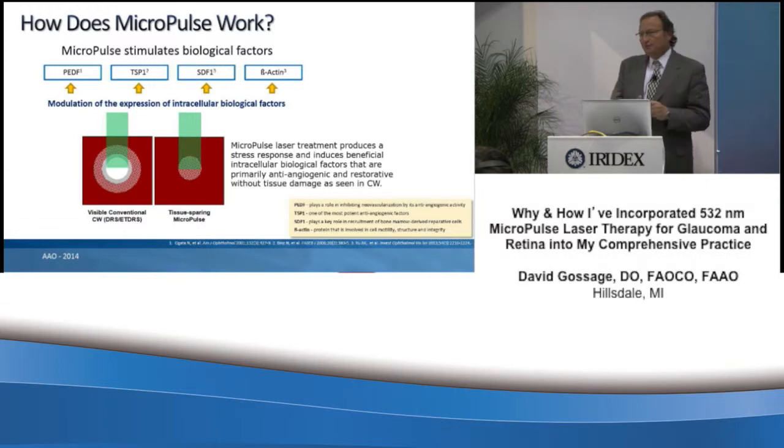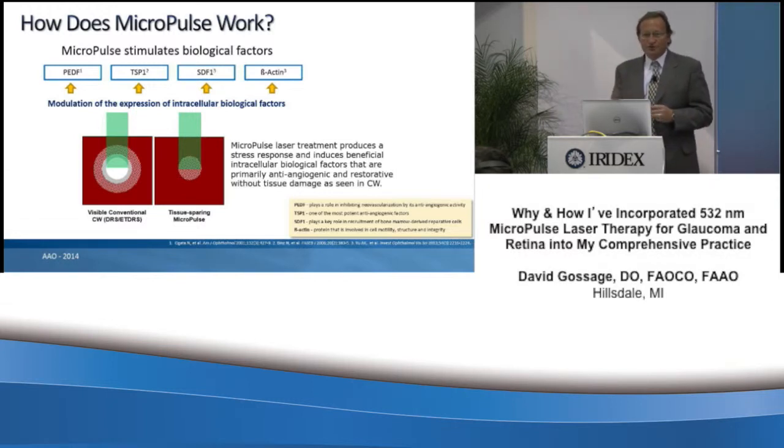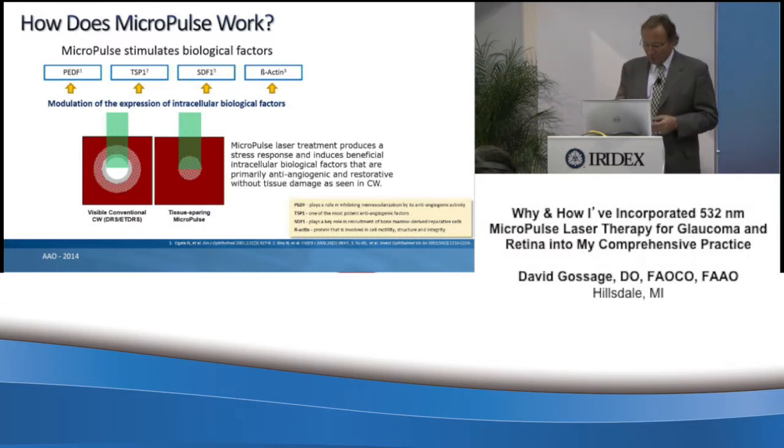So if we think about it for a moment, if we can get the same effect without causing the tissue destruction, wouldn't that be better? And the answer is yes, and that's where MicroPulse comes into play. If we can use the MicroPulse technology, not create the thermal burn, but get the mediators to be released and get the biological effect that we're looking for, all the better.